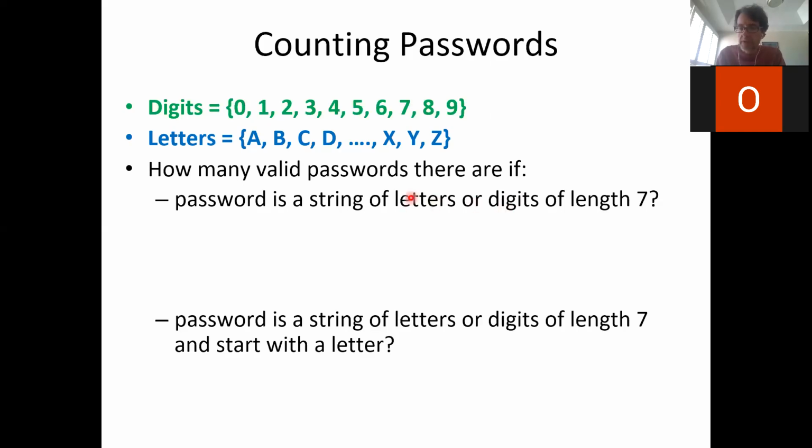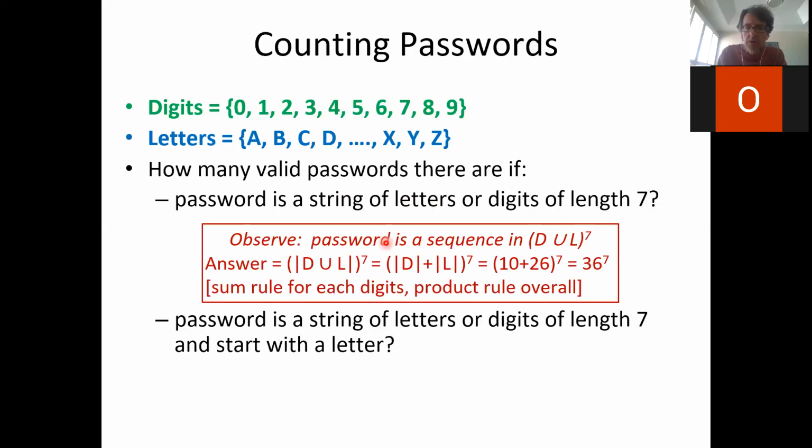Perhaps each character is a letter, or vice versa, perhaps each character is a digit. It just says that you're free to choose for every character either a letter or a digit. So in other words, passwords are sequences of 7 characters, and each character is either in D or in L, where D is digits and L is letters.